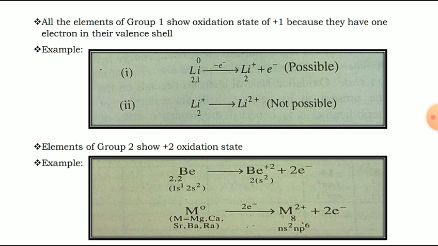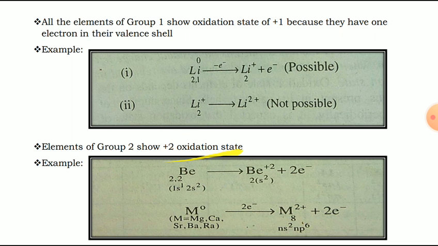That means the group 1 elements show only +1 oxidation state, while group 2 elements show +2 oxidation state.